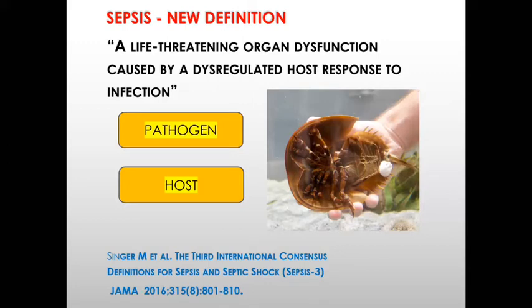The picture there is of a limulus crab, and that just shows how very old the body's response to sepsis is from an evolutionary point of view. Animals have been evolving mechanisms to cope with infecting microorganisms over many millions of years. So the structure that we have now is like an old house that's been altered many times.